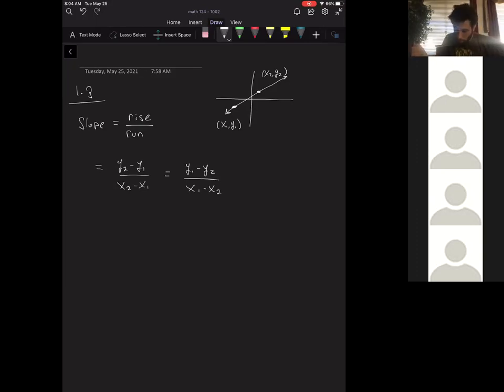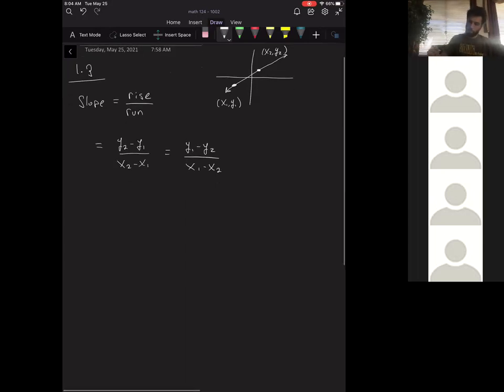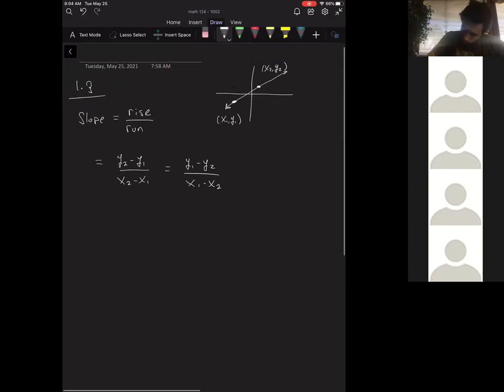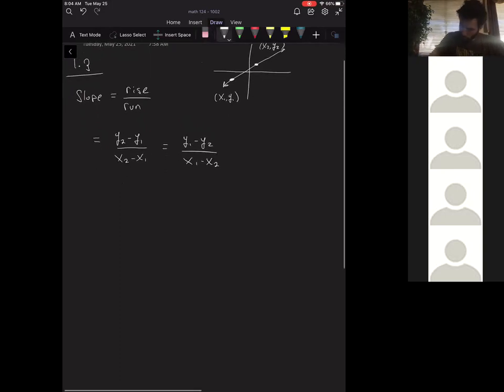There's another way we can also think about this. Let's draw a new graph down here. Say we have another line on it, and now let's say this is a function f of x.